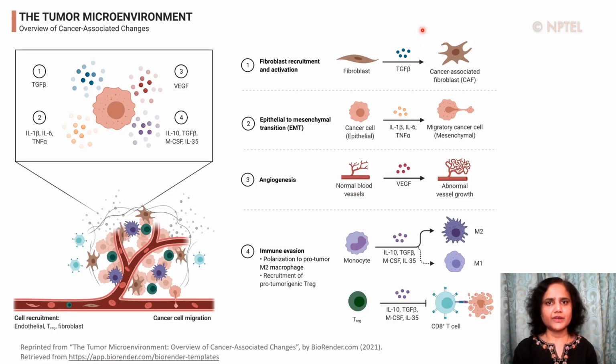TGF-beta also converts the effector T cells, which normally attack cancer with an inflammatory reaction, into regulatory or suppressor T cells, which turn off the inflammatory reaction. So a tumor may become dependent on its stromal cells because it has brought about so many changes in its surrounding stromal cells.